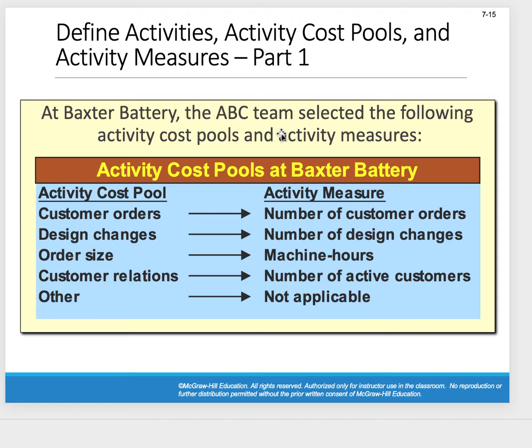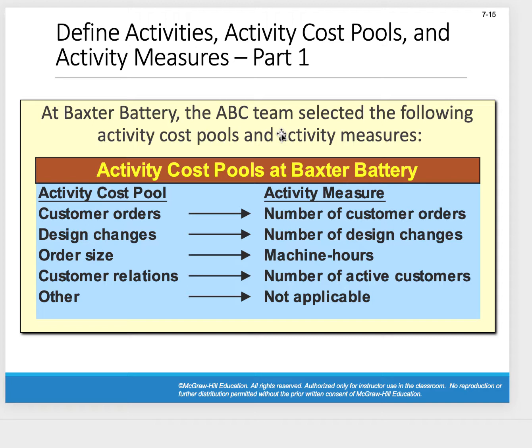After a lot of interviewing workers within various departments and department heads, they come up with 5 activities: customer orders, design changes, order size, customer relations, and other. That other is not applicable, there's no activity measure here.